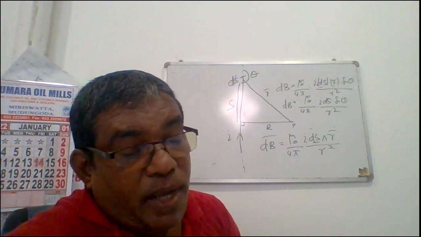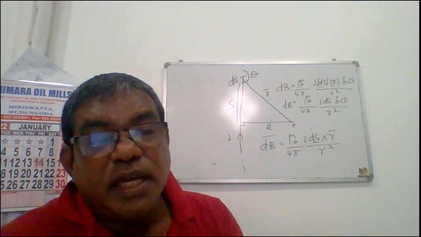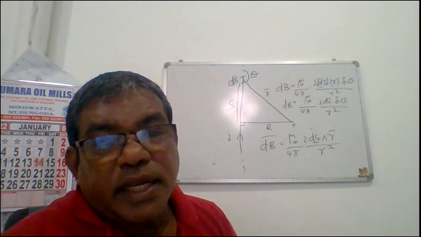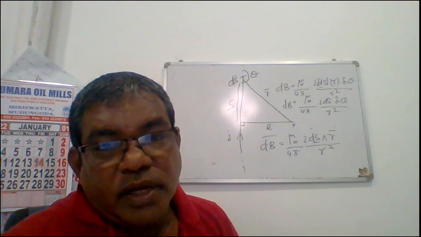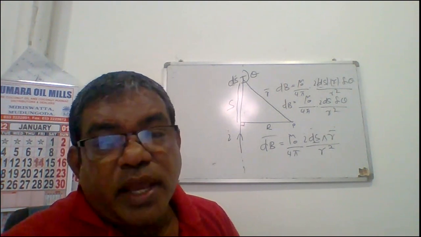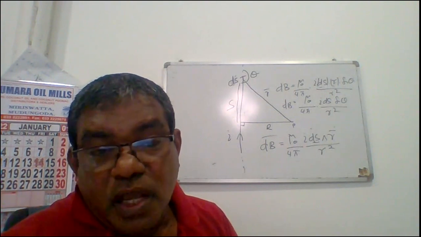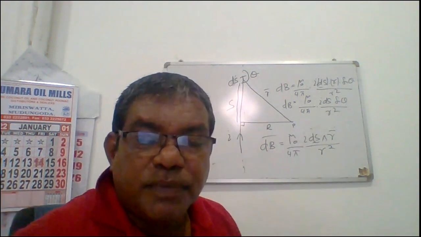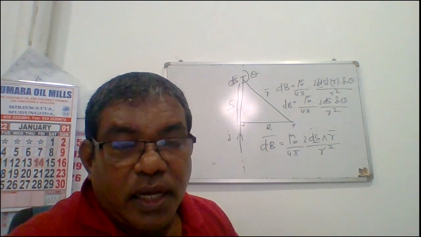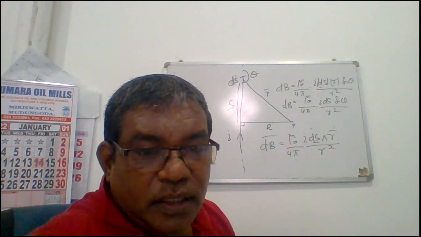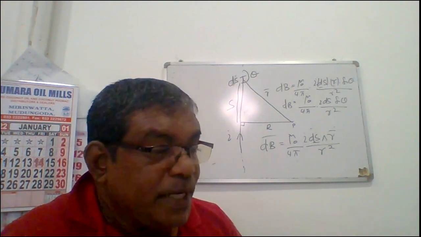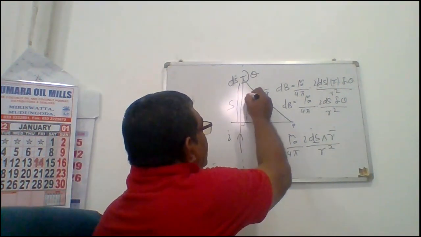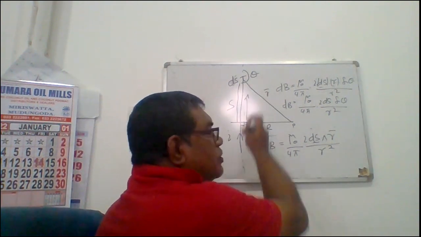When it represents minus infinity to plus infinity, then it represents the whole infinitely long current carrying straight wire, right? So I have to integrate this from minus infinity to plus infinity to get the whole magnetic field. But I can separate from the middle point, this area and this area, which are the same.